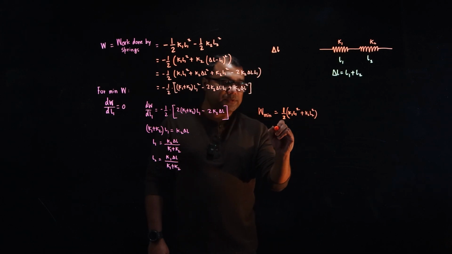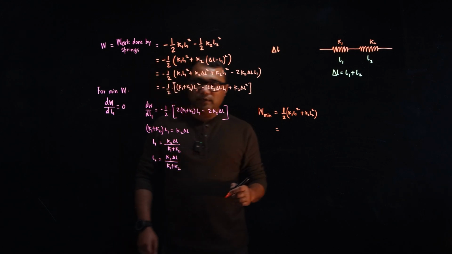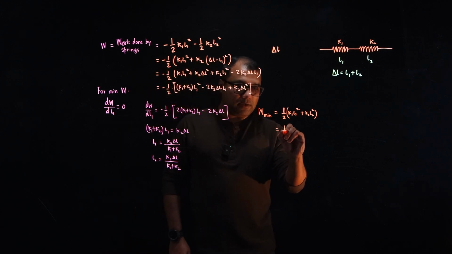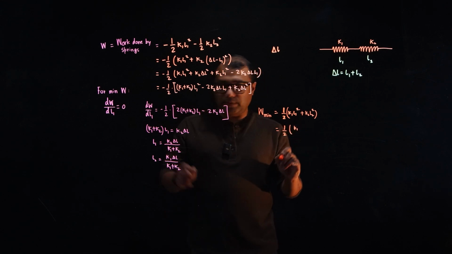Now let's substitute the values of L1 and L2 for minimum work. So half K1 L1 square.